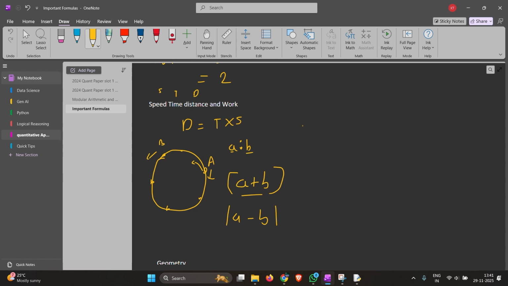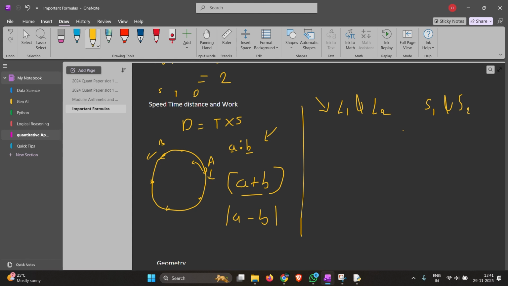And here is another important formula regarding trains. So that was regarding circular tracks, and another one regarding trains is: let's say there are two trains with lengths L1 and L2 and speeds S1 and S2, and they are crossing each other.